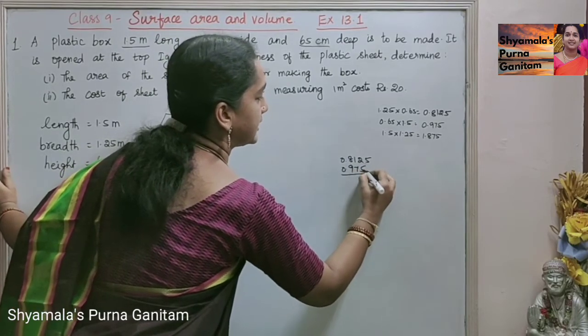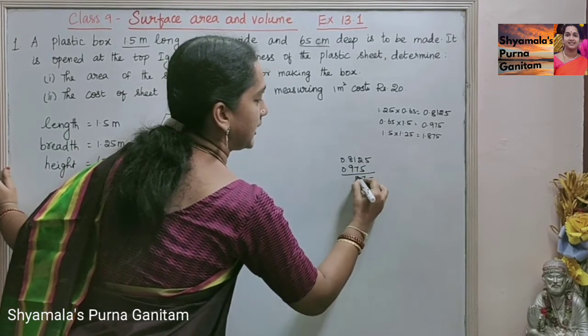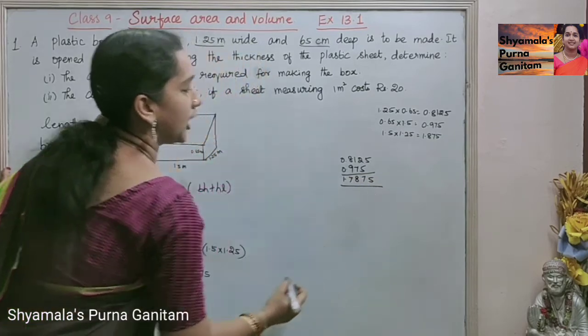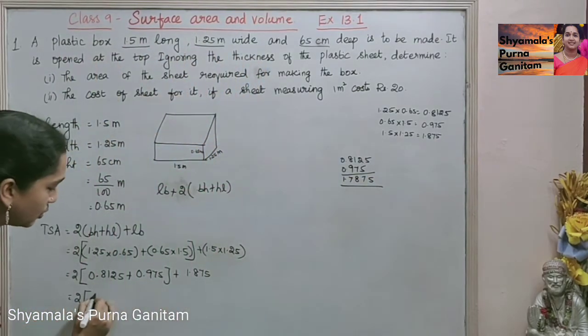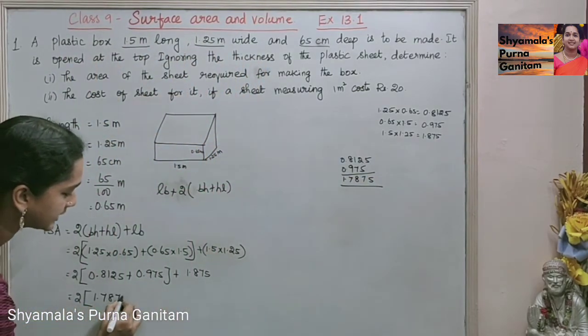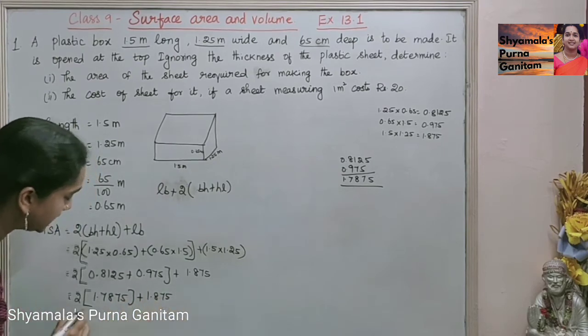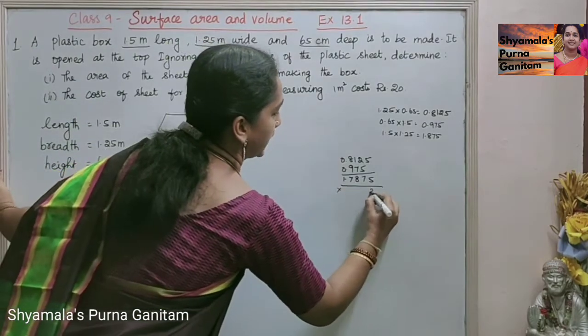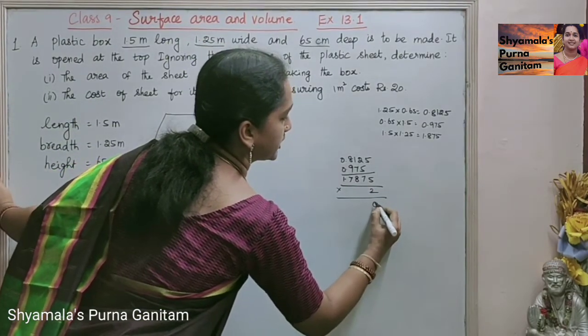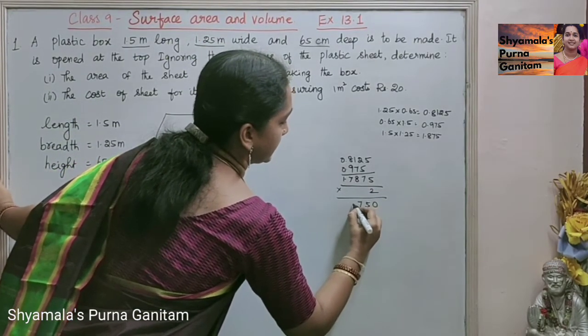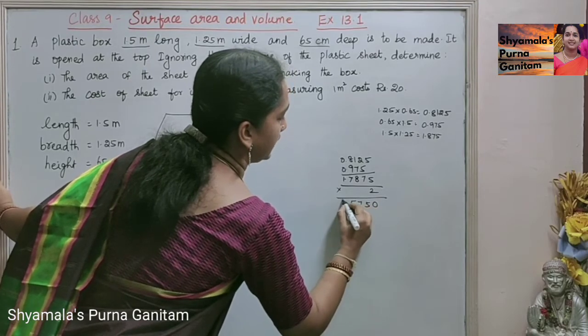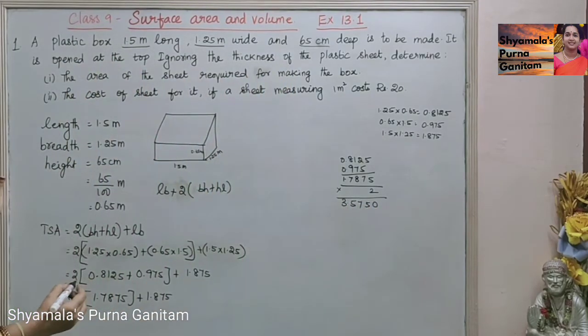When I add this, I will get 1.7875. Then 2 into 1.7875, when I multiply, I will get 3.5750.